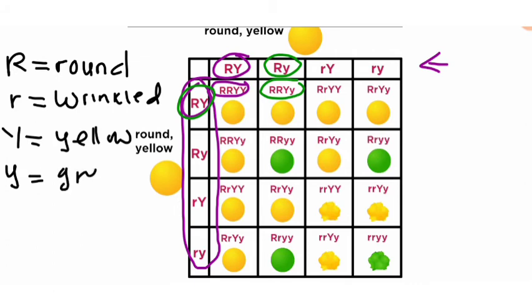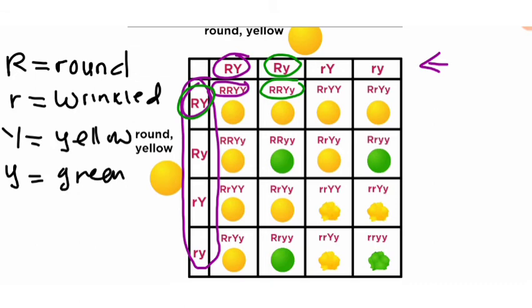Green. So when yellow is dominant, the seed is going to be yellow, and when green is dominant, the seed is going to be green.